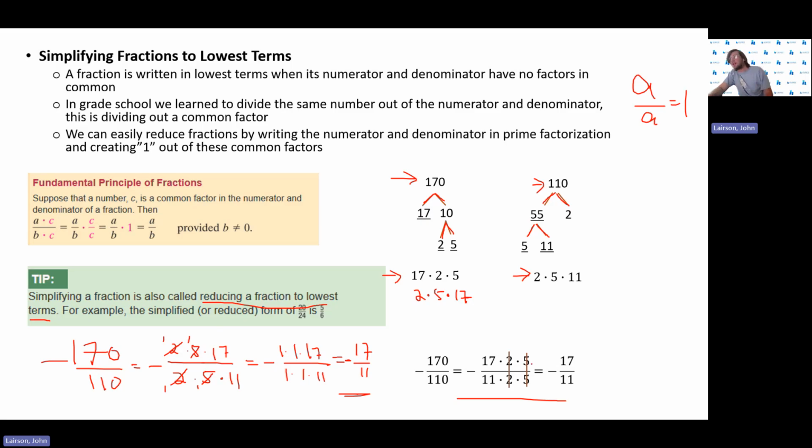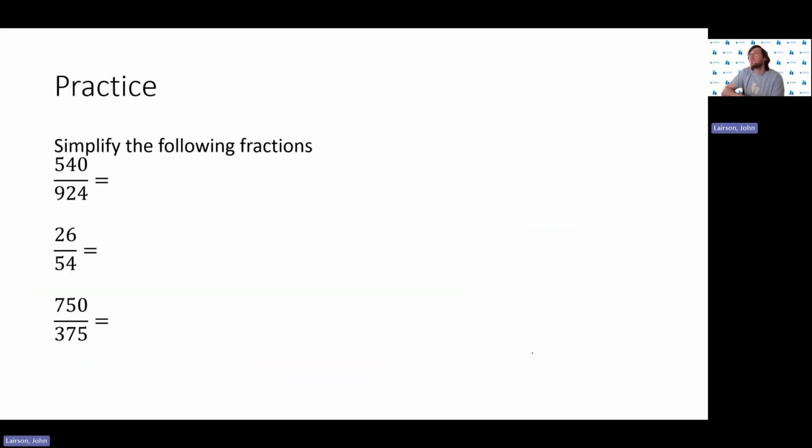That's what I will do most of the time. But it's helpful to remember that it's 1s that get replaced. So once I cross out the 2s and the 5s here, what I have left is that 17 and that 11. So 17 over 11. Because multiplying by 1 doesn't change anything, a lot of times I don't write the 1. But let's go on to the practice problems.